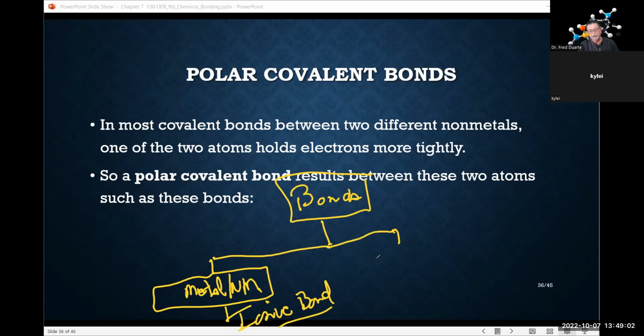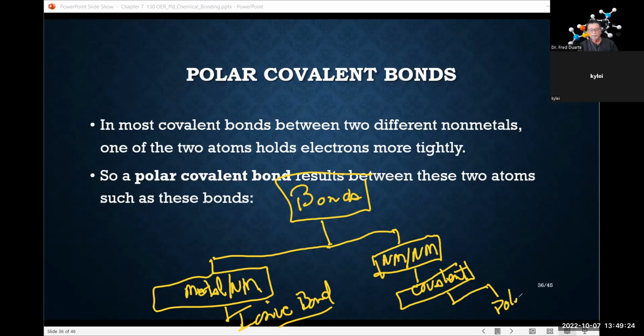Over here, if we have a combination of a non-metal, NM, with a non-metal, okay, we have a covalent bond, okay? And underneath the covalent bond, we have two subsets. We have a polar bond and a nonpolar bond, NP. And that depends on the electronegativity of the two species in that bond, okay?